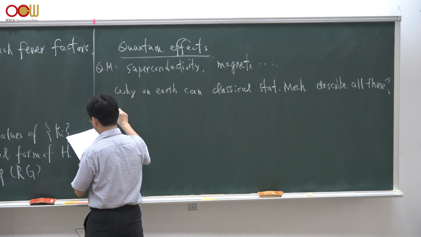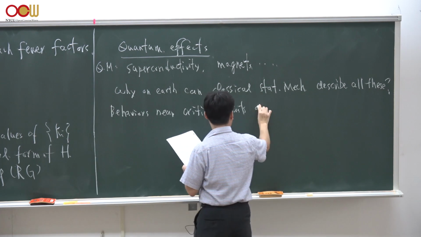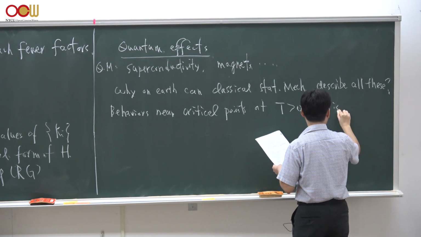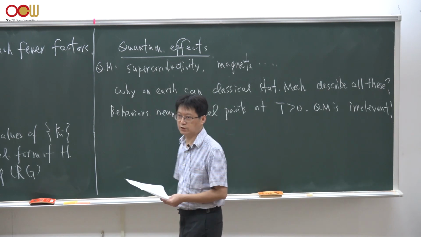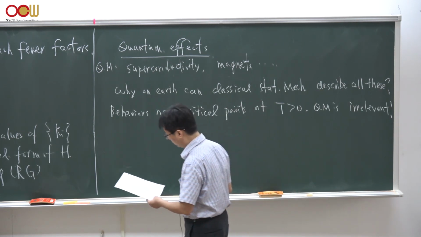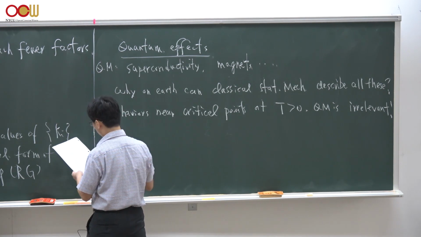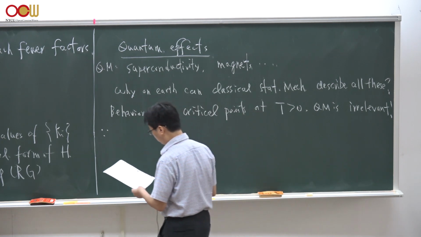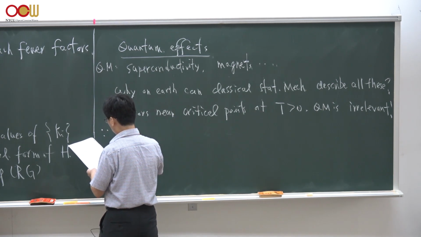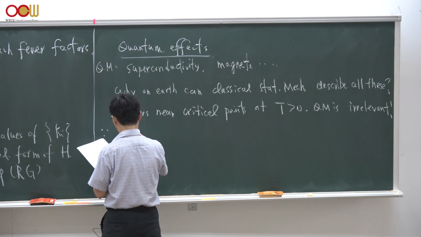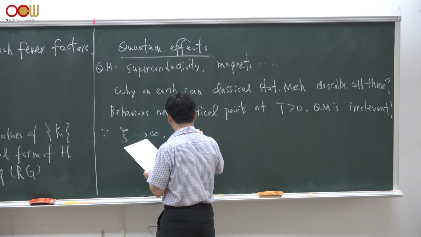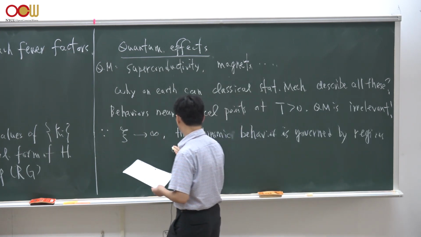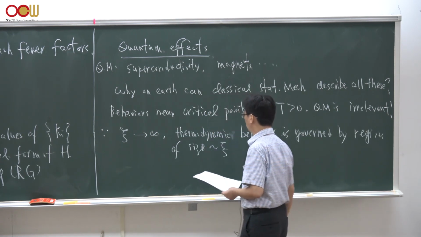So the key point is that for the behavior near critical points at any finite temperature, quantum mechanics is not relevant. This is the statement, but why is that so? The reason quantum mechanics is irrelevant near the critical point is that, remember, near the transition the correlation length diverges. All the thermodynamic properties are governed by a region whose size is approximately the correlation length.